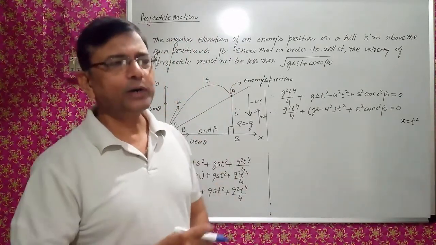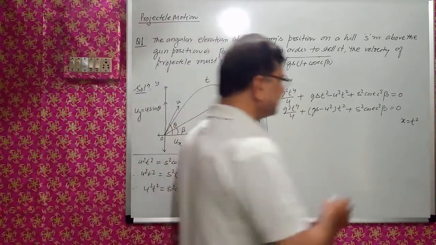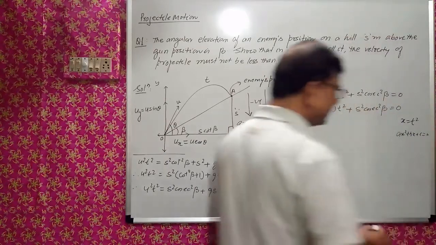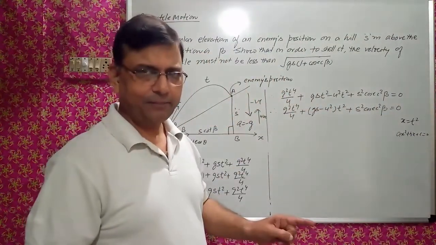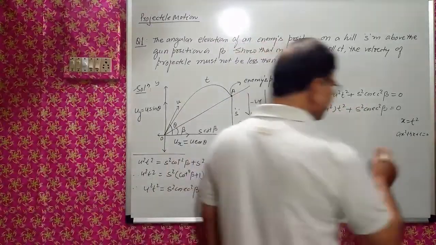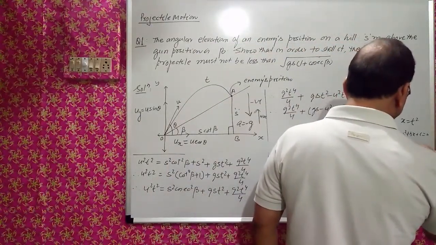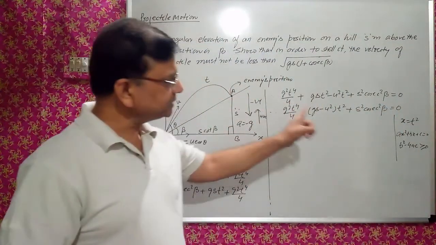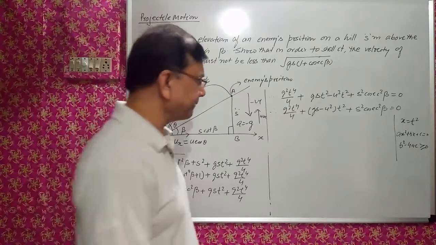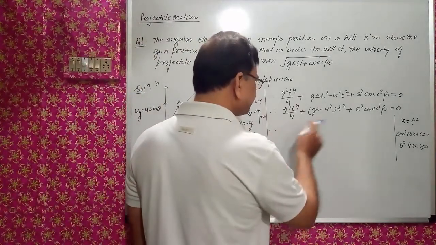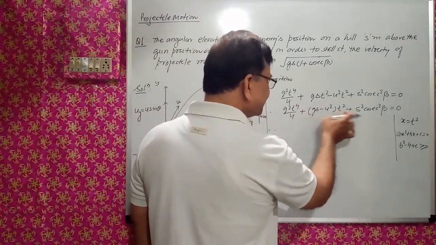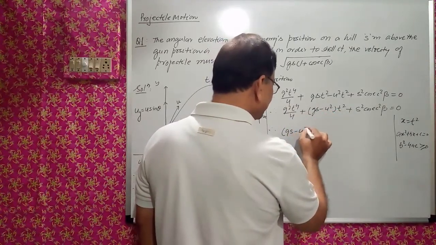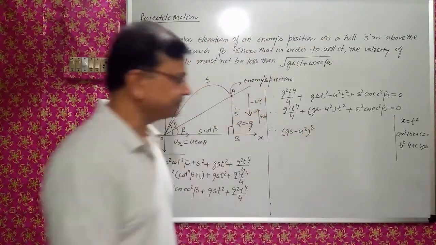In any quadratic equation, suppose the quadratic equation is ax square plus bx plus c is equal to 0. So for x to be real, right, the discriminant, meaning b square minus 4ac, should be greater than or equal to 0. This we know. So we will use this condition over here. Therefore, b square is this coefficient of t square, that is gs minus u square whole square, isn't it?